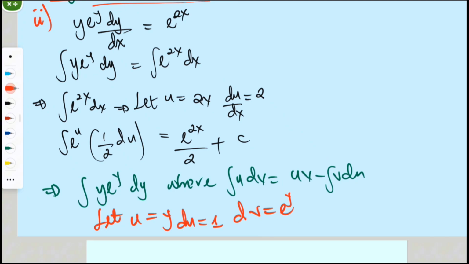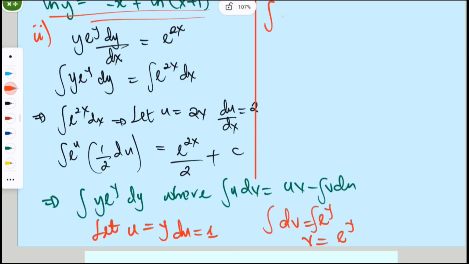and then dv, which is e to the power y. If I integrate on both sides, I will get v equal to e to the power y. It's just going to stay the same. So then the integral of y e to the power y dy should be y e to the power y minus the integral of v, which is e to the power y, du.